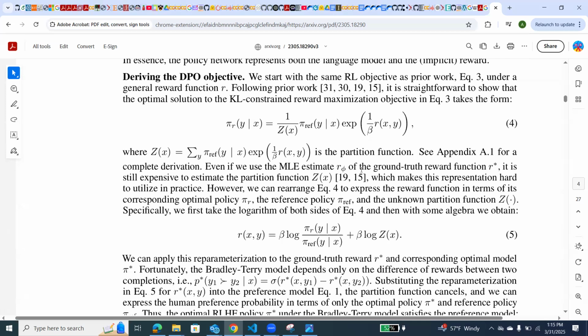So this reward R will have an explicit expression through the base model and the model that we want to find.